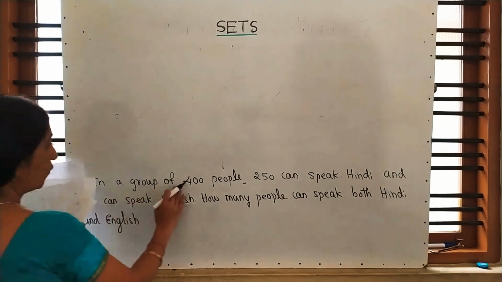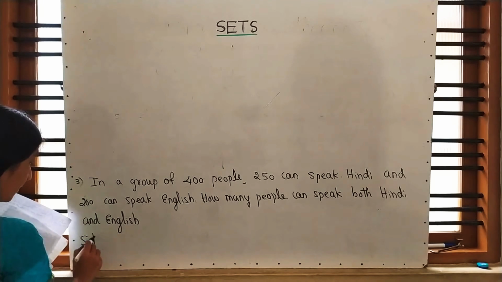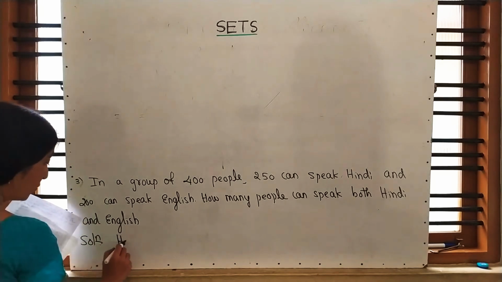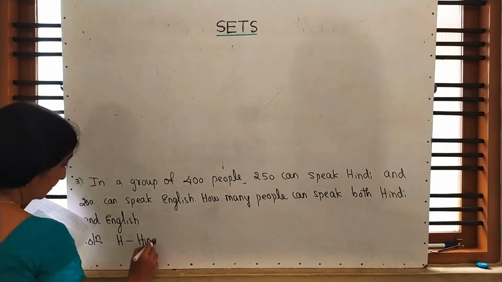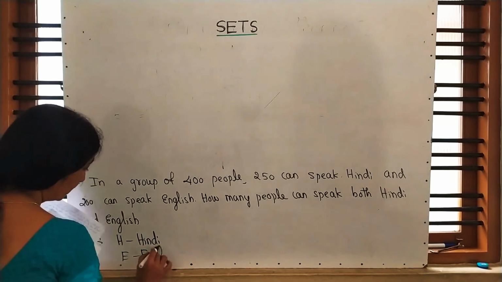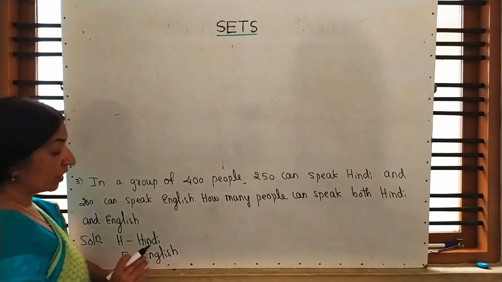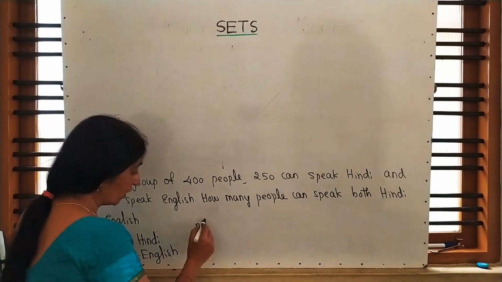In a group of 400 people, I am taking H for Hindi and E for English. In a group of 400 people, what is given? Union.